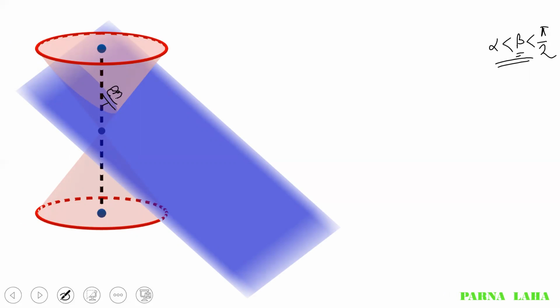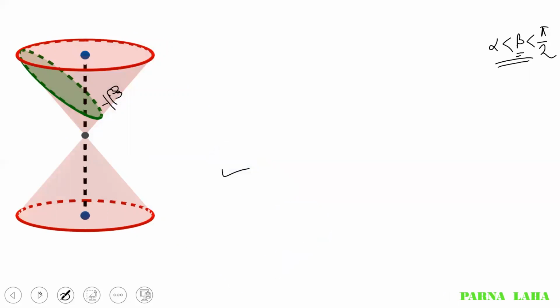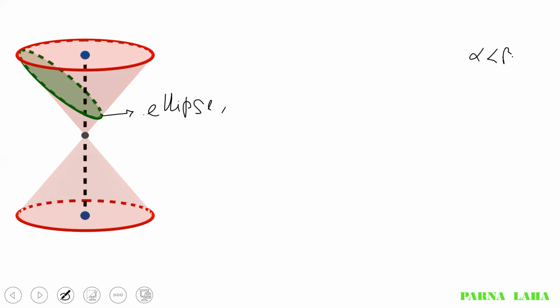This is called an ellipse. So when alpha is less than beta less than pi by 2, it forms an ellipse.